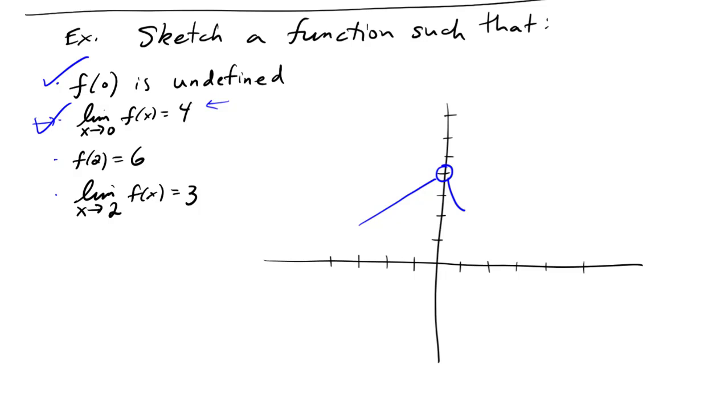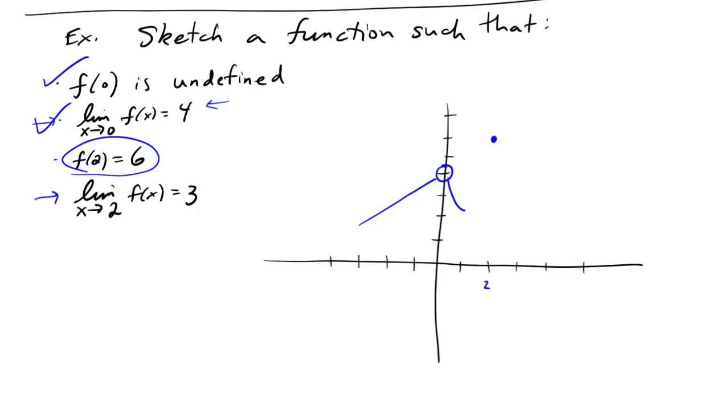f of 2 is 6. All right. Well, there's x of 2. 1, 2, 3, 4, 5, 6. So there's 2, 6. If it's saying f of 2 is 6, that means the point 2, 6 has to be on the curve, on the graph. But while that's true, it says the limit as x approaches 2 of f of x is 3.